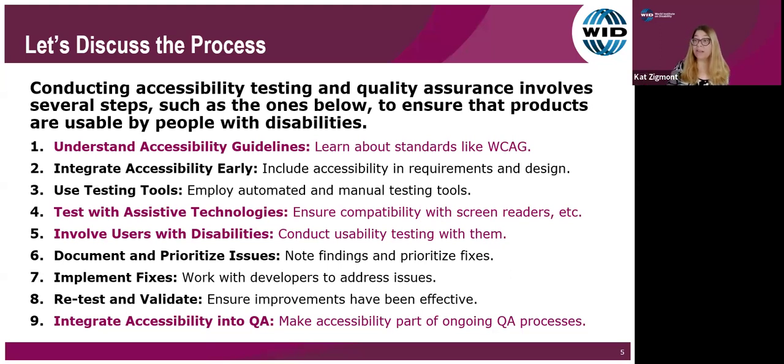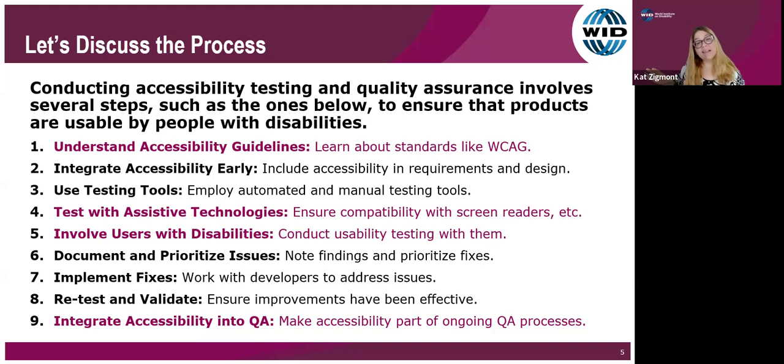When you do these steps 3, 4, and 5, it is important to document and prioritize all of those issues so that they can be fixed, and then implement fixes, retest and validate, and then integrate this quality assurance process with the accessibility, making sure that the process is integrated.